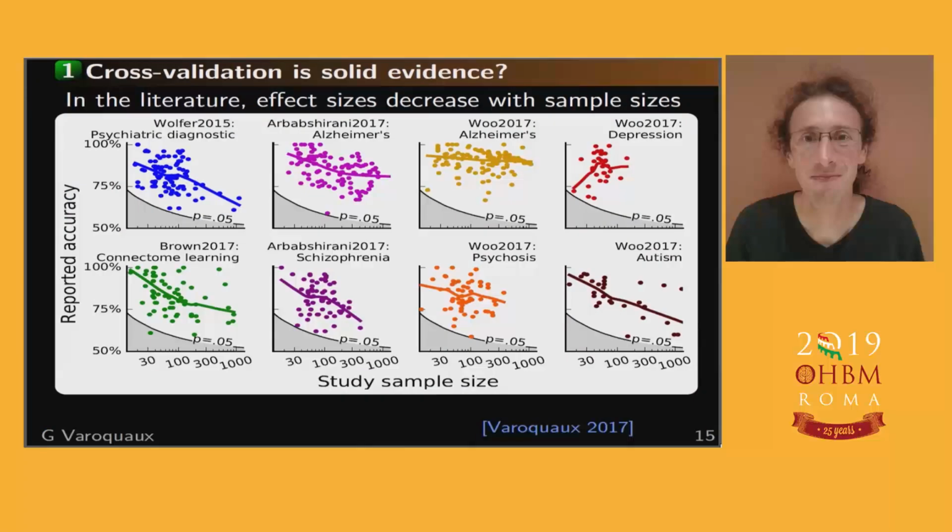So is cross-validation solid evidence? Well, this curve is showing you the reported prediction accuracy as a function of the sample size of a study in the literature. And it's showing you that in the literature, the effect sizes tend to decrease with the sample sizes. Why is that?